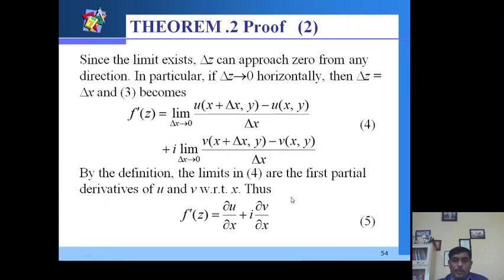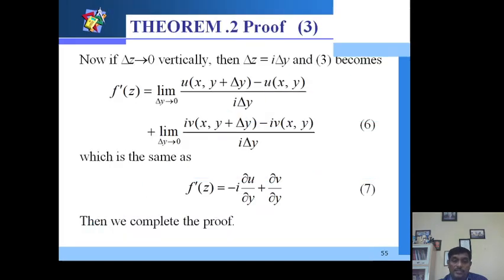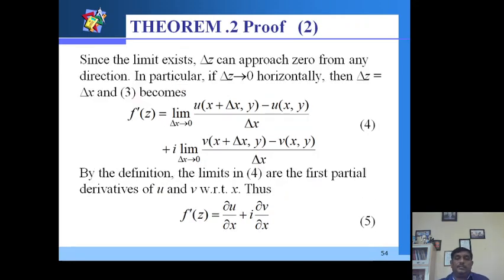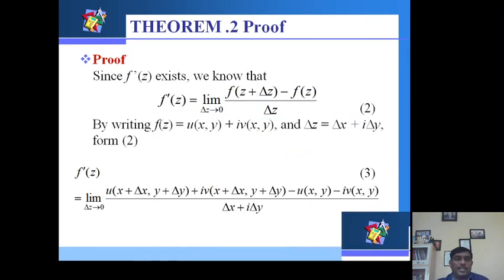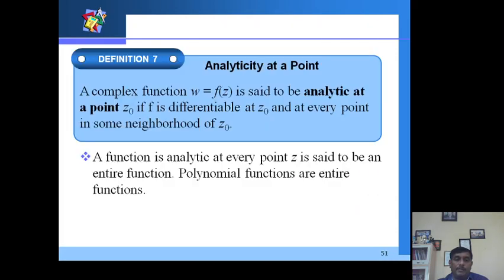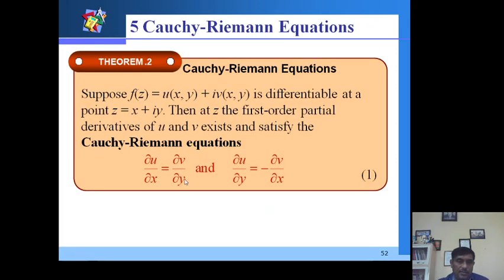Similarly, dou u by dou y is equal to minus dou v by dou x, meaning ux is equal to vy and uy is equal to minus vx. This is the theorem statement of the Cauchy-Riemann equation.